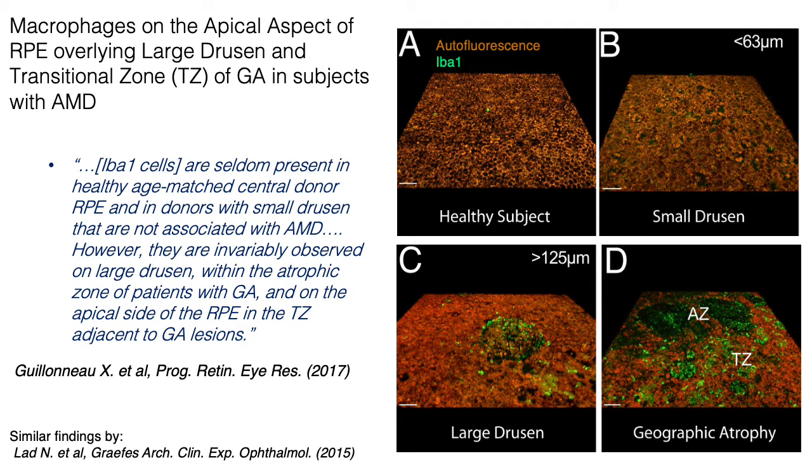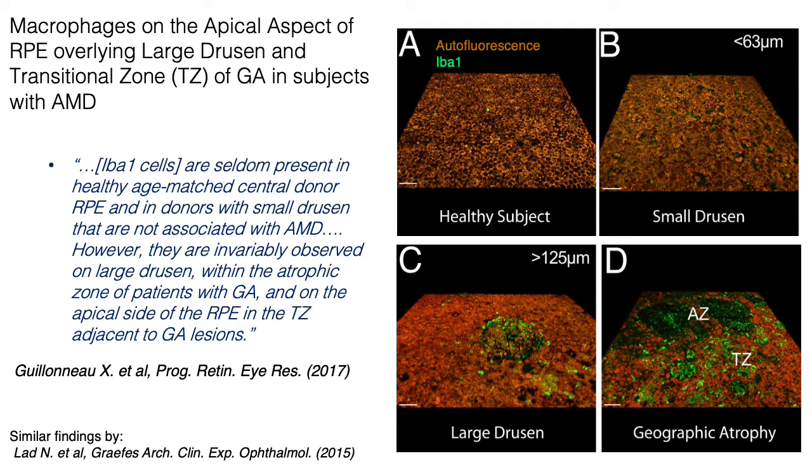Several studies later on had validated those early findings with larger cohorts of post-mortem human eyes with AMD, including Ladd et al. in 2015, and some data shown in this review from 2017, specifically looking at the apical side of the RPE stained with IBA1 in conjunction with autofluorescence.